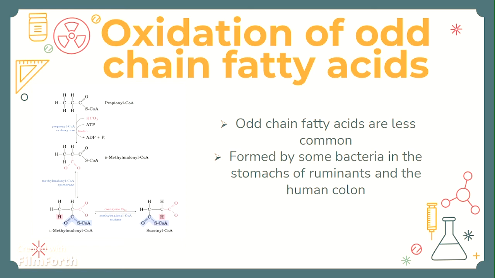At the end, the 3-carbon unit propionyl coenzyme A is produced. Propionyl coenzyme A is converted into succinyl coenzyme A. The succinyl coenzyme A is an intermediate in the TCA cycle, so propionyl coenzyme A is gluconeogenic.